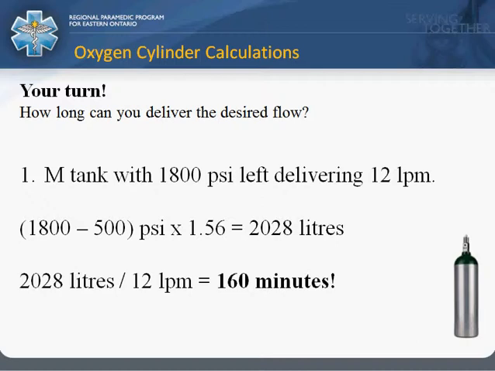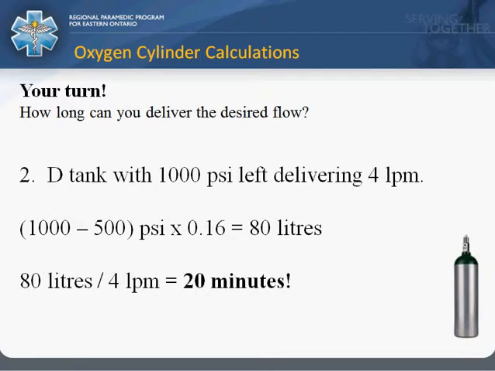Divide that by 12 liters per minute, I get 160 minutes. I couldn't be happier with that number. I can get a patient to the hospital in under 160 minutes. Unless I got a really long transport time, I think I can do it.